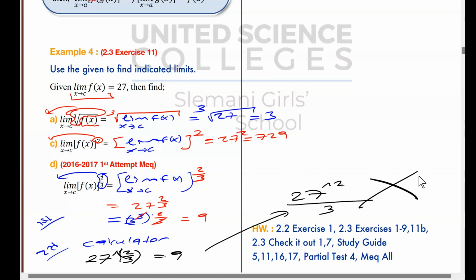So never ever do this. Whenever you have a fraction as a power, you use parentheses around it. Whether you use the first way or the second way, as long as you use it correctly, you'll get your answer.